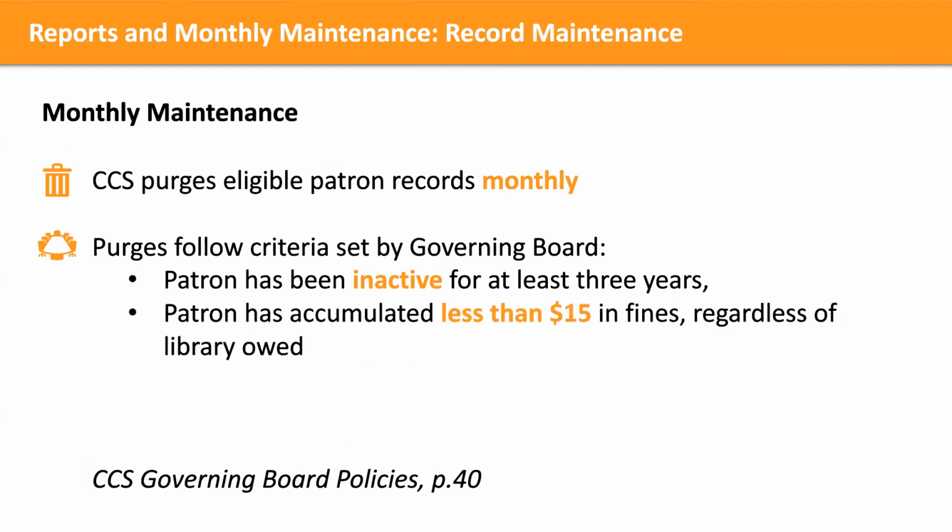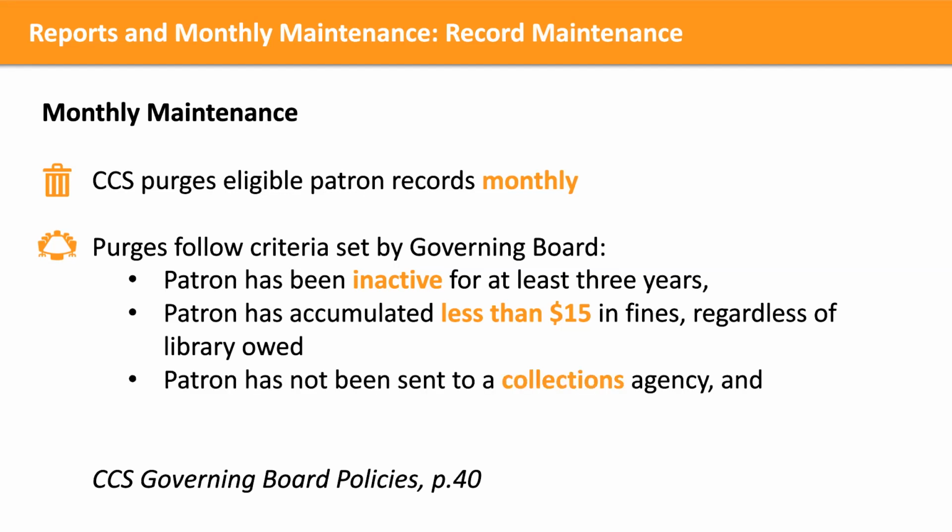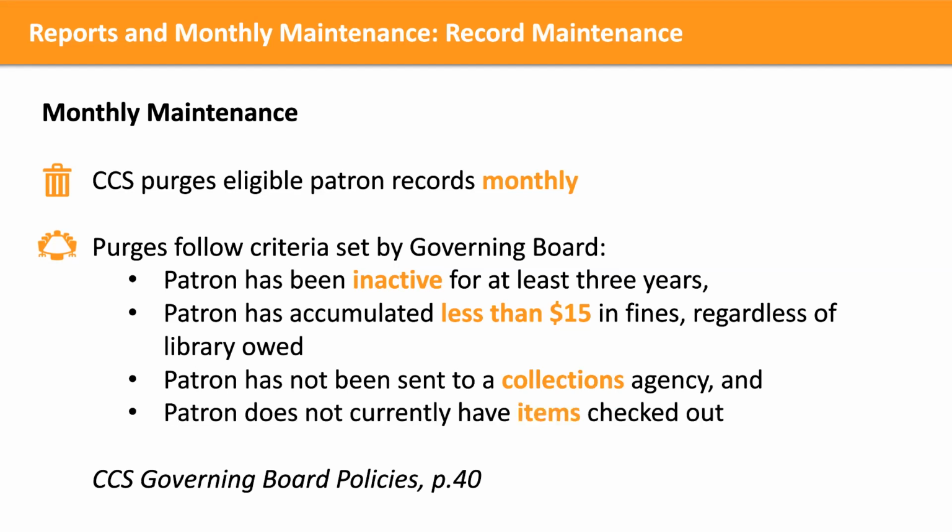And they've accumulated less than $15 in fines from any library. And they have not been sent to a collection agency. And they do not have any items checked out. So once a month, CCS sweeps for patrons that meet all of this criteria, and we delete those patron records as cleanup.